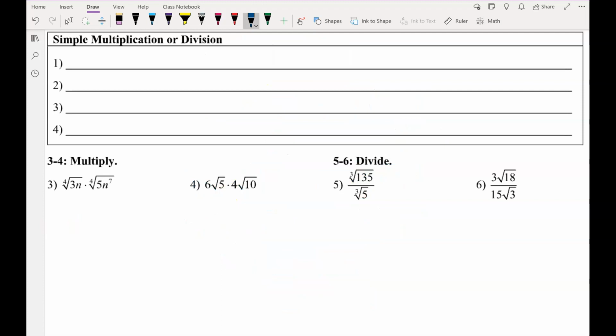The next few examples, students, are on multiplying and dividing radicals, okay? Now, 4.6 is only on simple multiplication and division, but before we start the examples, let's write down some steps here. Step number 1, must have the same index. And remember, the index is this number right here, okay?